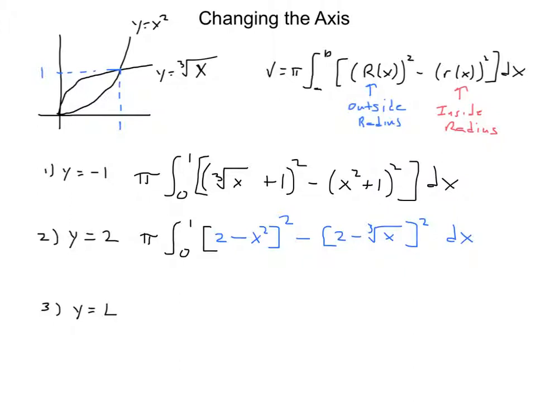Now, the question often comes up, do I have to necessarily worry about that? Could I have put in x squared minus 2?